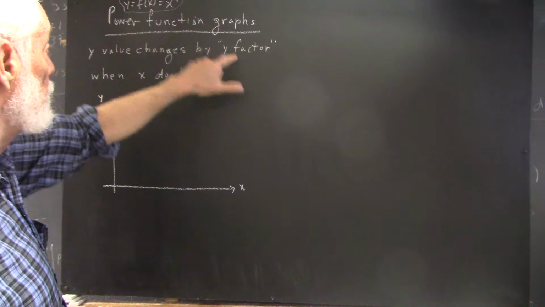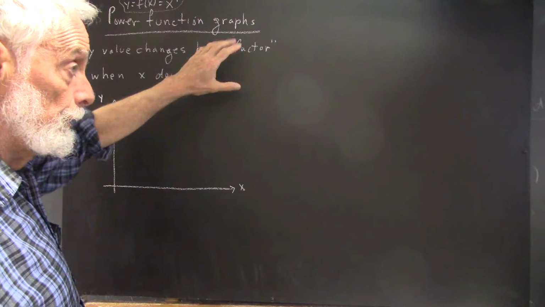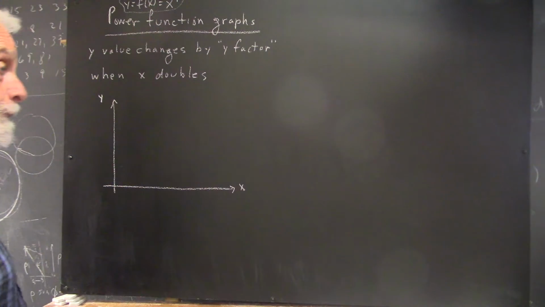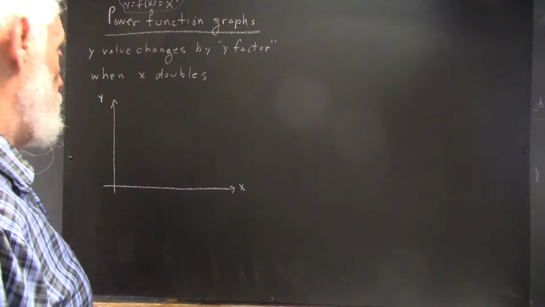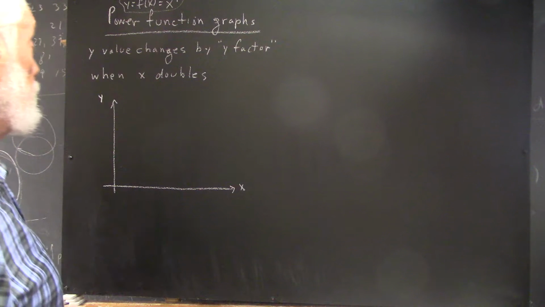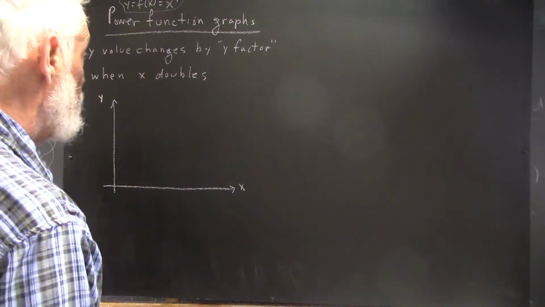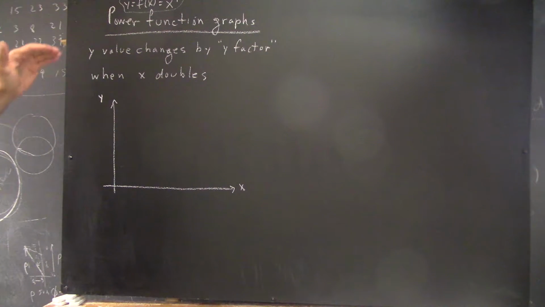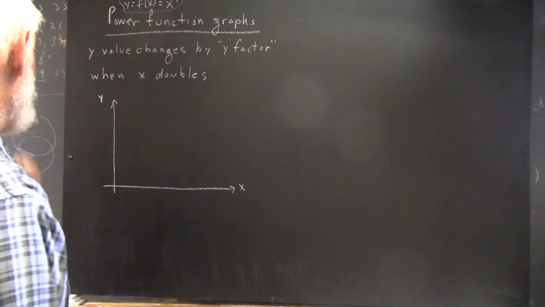So the y factor determines p, and p determines the y factor, and there's a pretty simple relationship between the two, which, however, you kind of need to understand logarithms to really understand, and I'm not assuming that at this point. So right now, we are just trying to do a geometric construction to give us a graph of a power function.